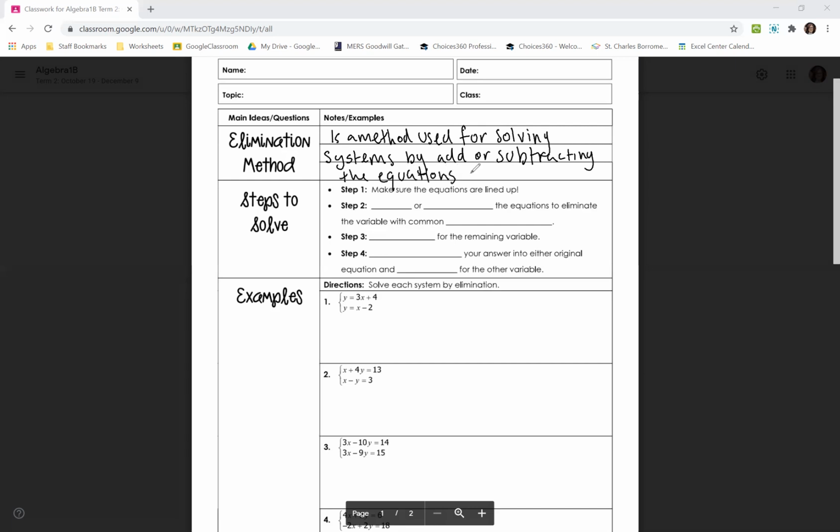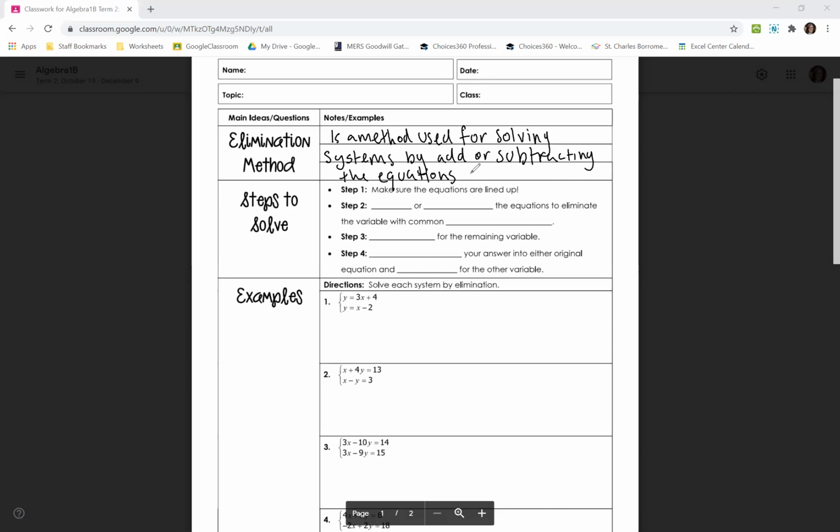So what I'm going to do is combine them, and I'm going to do it in a way to make sure that one of my variables disappears.